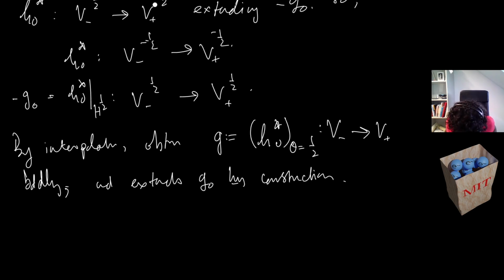Okay, and with that we can scrub that off and say that that is the theorem, right? So the restriction of G to H half is precisely equal to H naught, as we showed before, right?